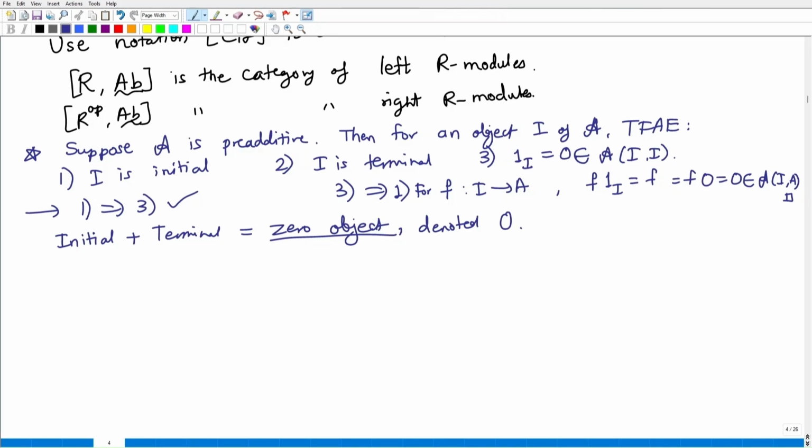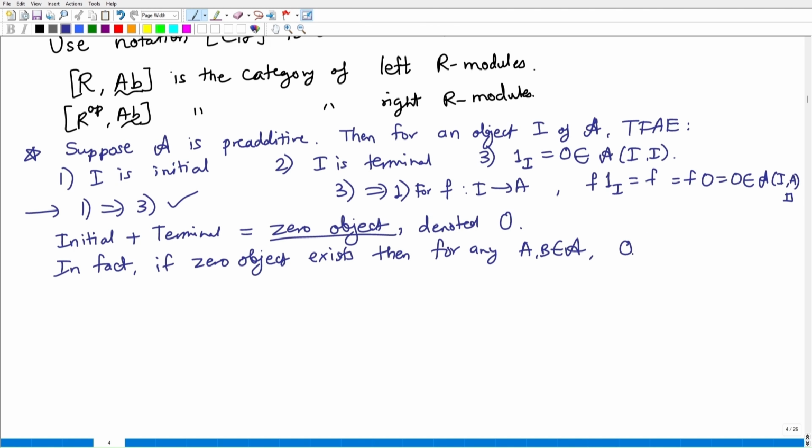And in fact, if a 0 object exists, then for any A and B in the category, the 0 of this hom set Hom(A, B) is actually the composition of these two unique morphisms.